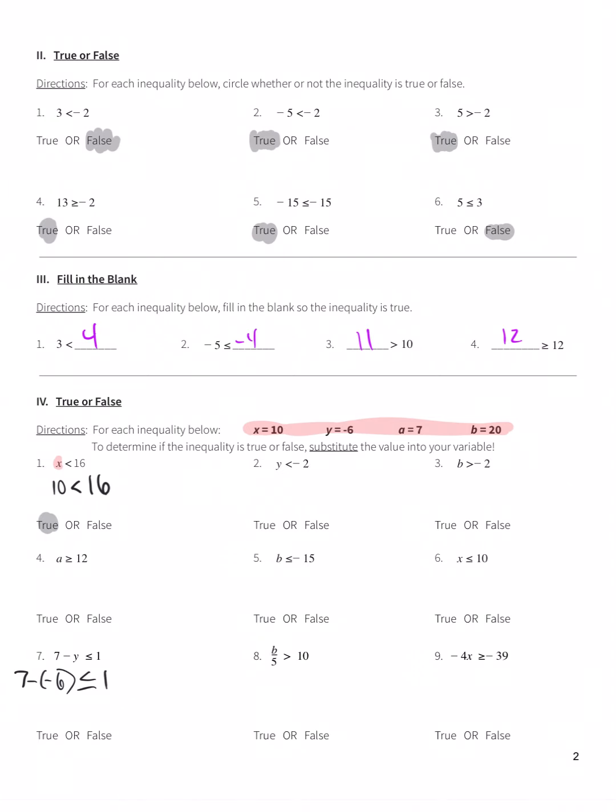What's 7 minus -6? Well, when we subtract a negative, we know we're actually adding. So this would be 7 plus 6 is less than or equal to 1, and 7 plus 6 is 13. So we have 13 is less than or equal to 1. Is 13 less than or equal to 1? Nope. So we know that this would be false.